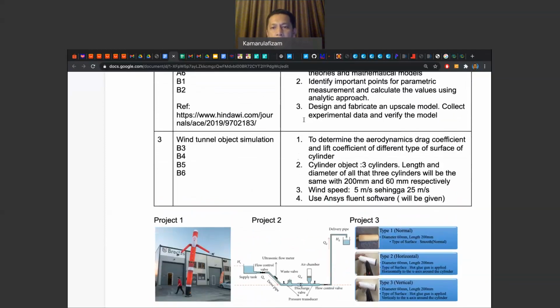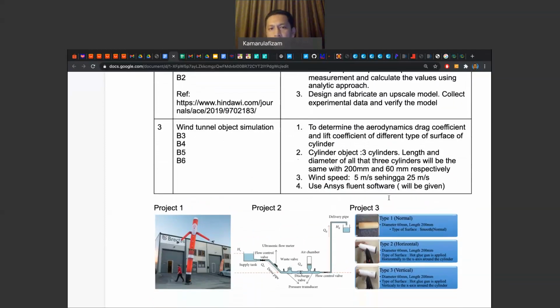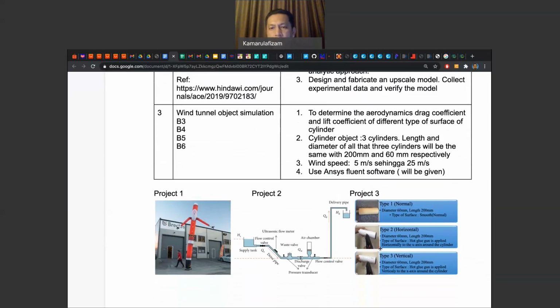For the wind tunnel object simulation, this is the type of cylinder that we will be working with. The size is here. We have the first cylinder, smooth surface, without anything.